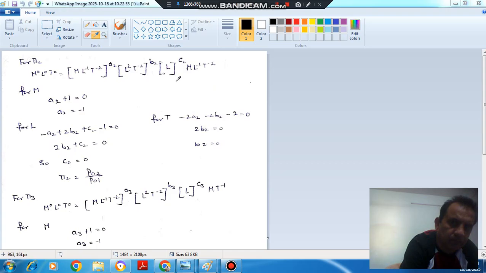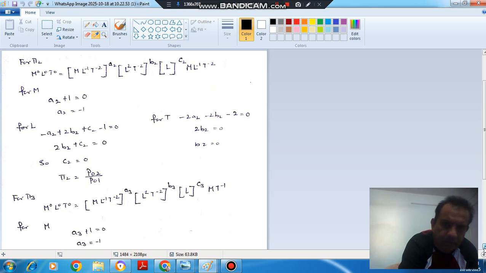So if you put the value of A2, B2 will be 0 and C2 will be 0. We'll have only A2 as minus 1, and this quantity. So this is P02 and this is P01, so pi 2 will be P02 by P01.